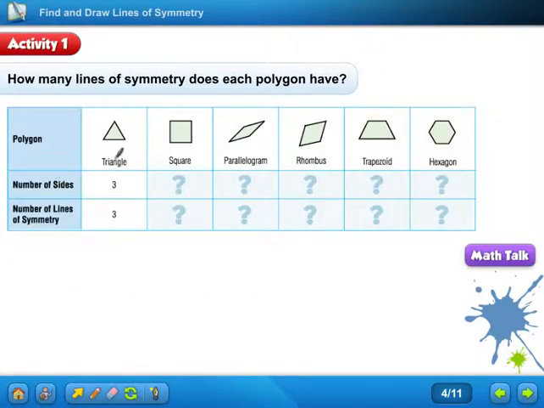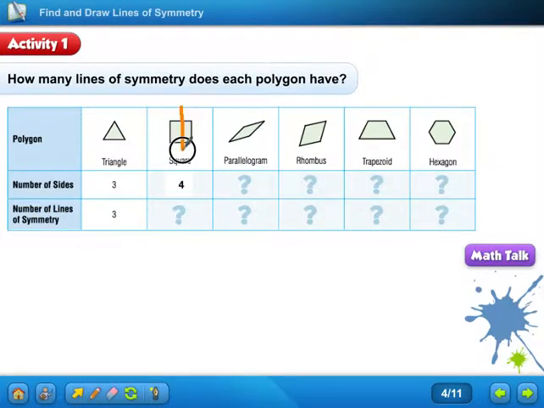So we have the triangle that had the 3 equal sides, and the number of lines of symmetry was 3. Let's look at the square. How many sides does the square have? We have 4. And if we fold that, how many lines of symmetry will we have?